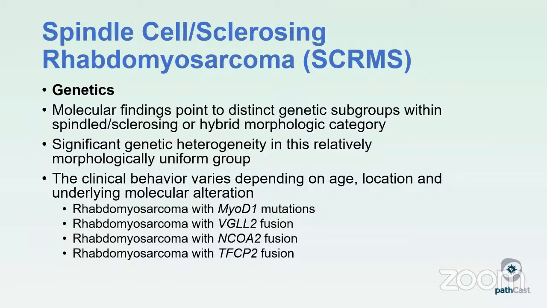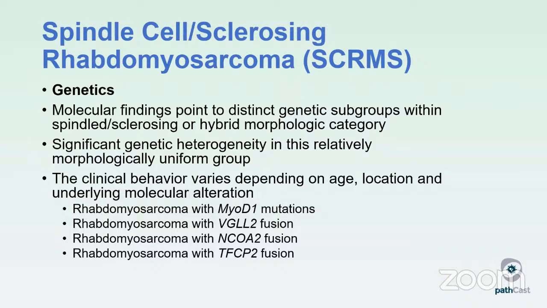However, genetically, the molecular findings point to distinct genetic subgroups. There is significant heterogeneity, even though the morphology is relatively uniform. The importance of it is that the clinical behavior varies, in addition to age and location, with underlying molecular alterations.